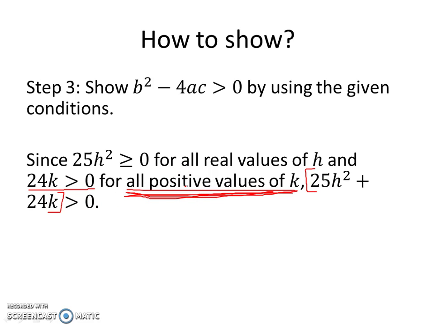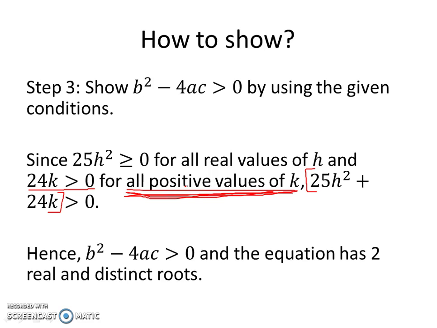By using this, we have successfully proven that b squared minus 4ac, which is this term 25h squared plus 24k, is actually more than 0, and therefore we can conclude that this equation has two real and distinct roots.